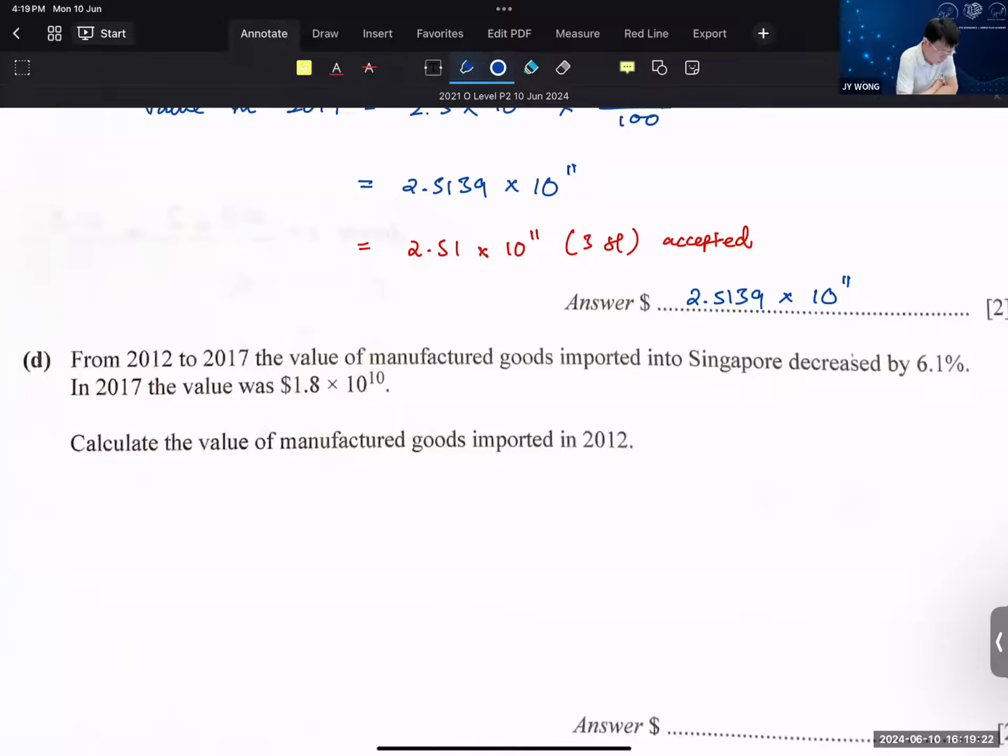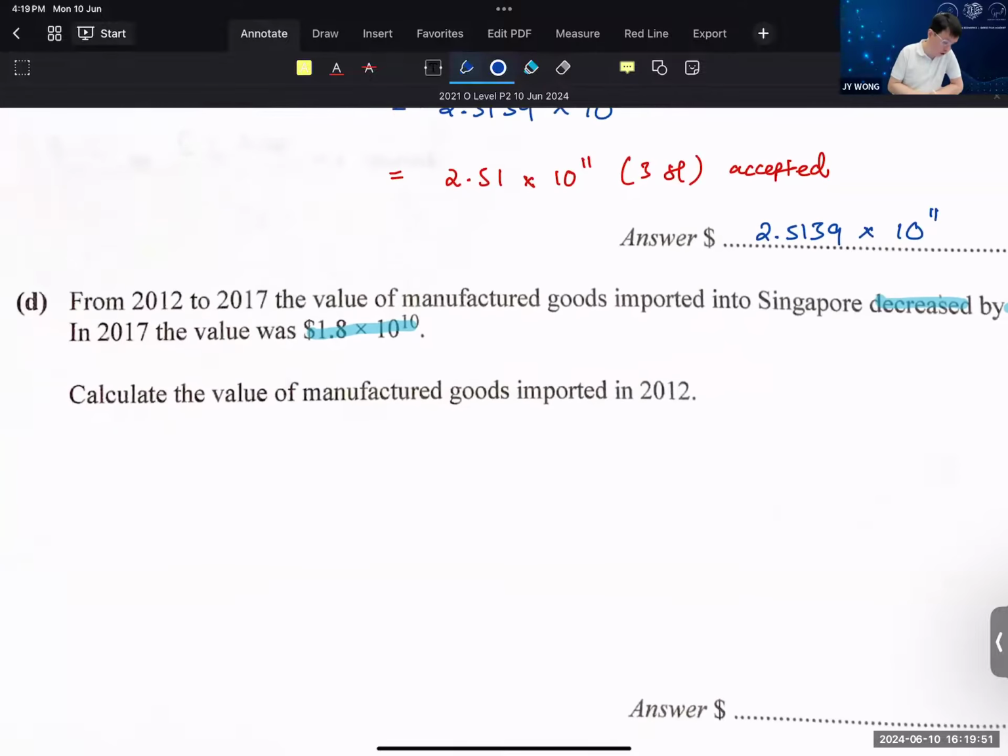In 2012 to 2017, the value of manufactured goods imported decreased by 6.1%. In 2017, the value was this. Calculate the value of manufactured goods imported in 2012. So you must know how your percentage comparison works when they tell you from 2012 to 2017. So this is what I mentioned just now.